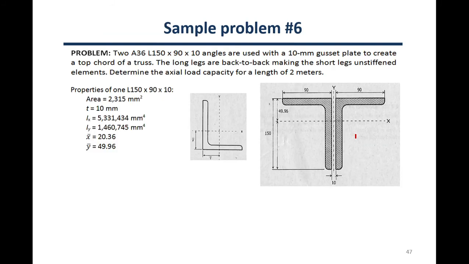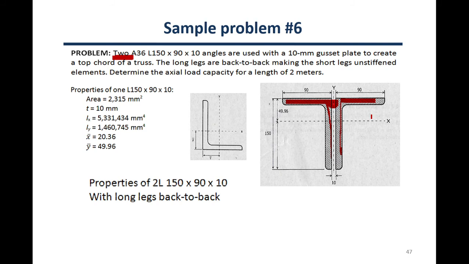So try natin. We have 2. Ito yan, yung leg na gagamitin natin. So we have here, so properties. So the area, 4,630. Hindi 4 point yan ha, 4,630.